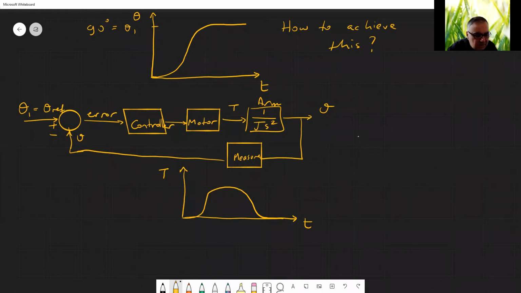My drawing is not a very good one, but its shape will be something like this. This is the torque applied by the motor, it has to eventually come to a stop so that the position of the arm is going to stay constant. Okay, that is a kind of simple control problem.